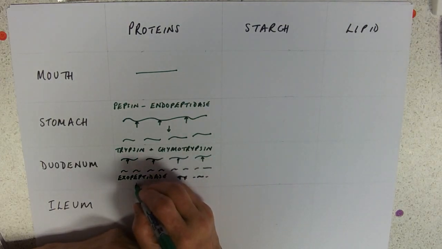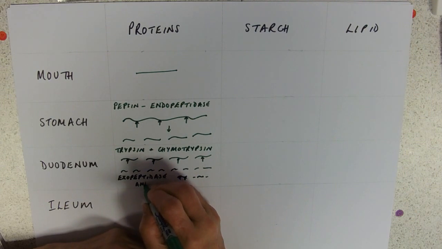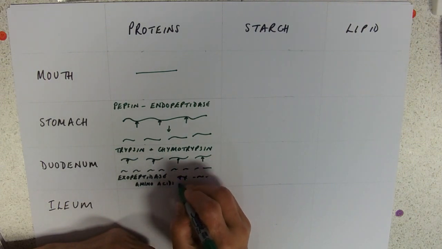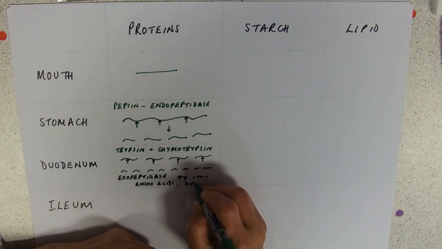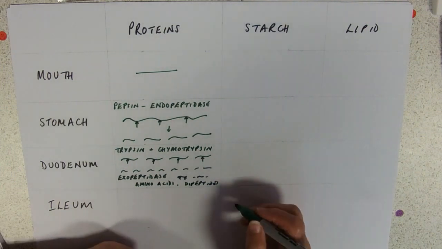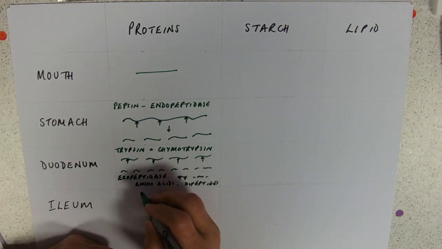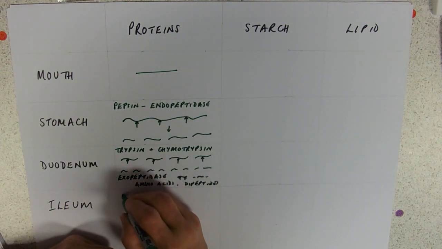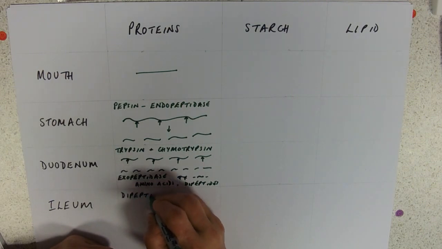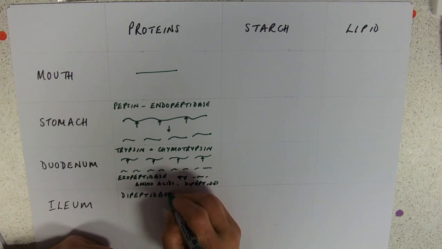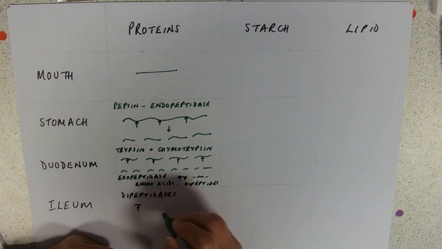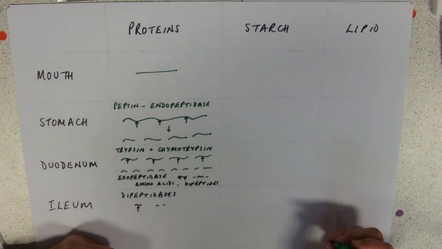So what you get out of the end is amino acids and dipeptides. And then we get down to the ileum, and on the microvilli we have dipeptidases, and they're going to take the dipeptides and make 2 amino acids out of them.